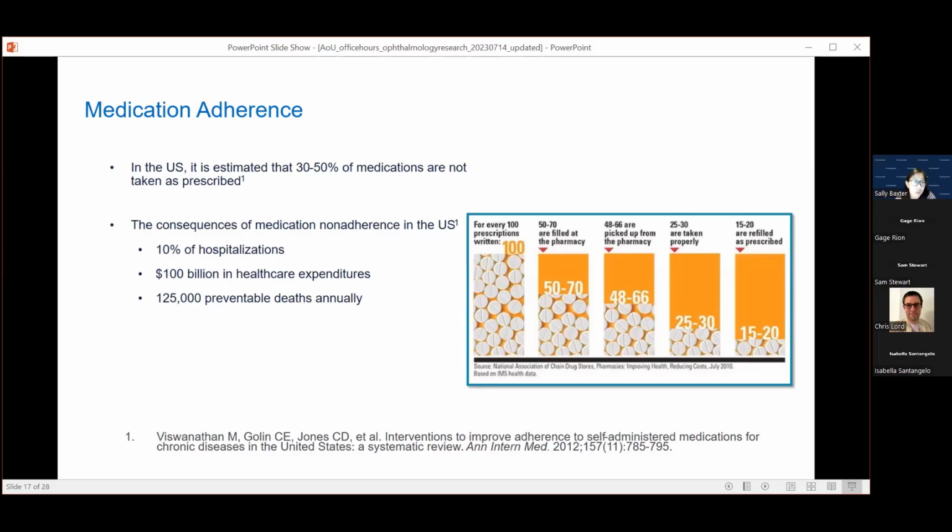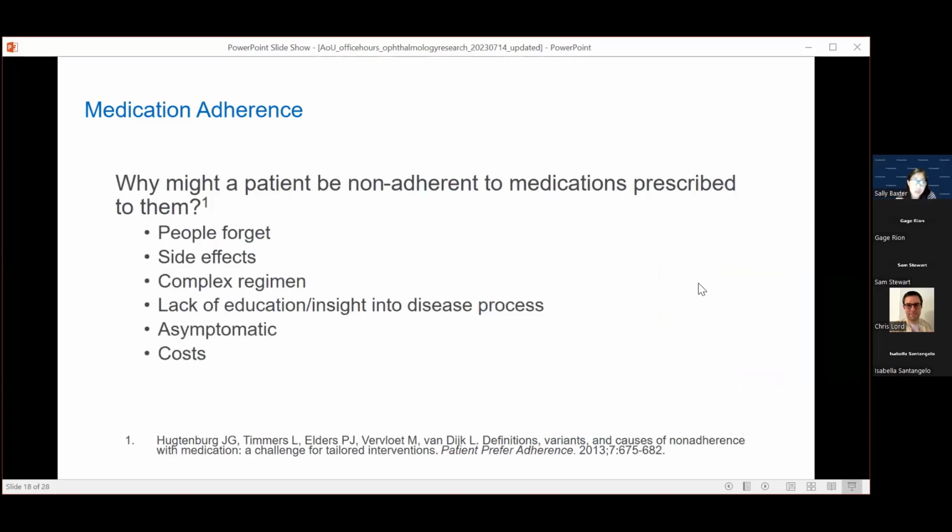Certainly, a lot of our patients are also in the range where they might have some cognitive impairment or dementia, so they may not be taking a lot of their doses. And as you go on, you can see in this figure the attrition that happens at each stage. So what are reasons for non-adherence? Forgetfulness is a common one, and again, as our population ages, I think that is an ongoing challenge.